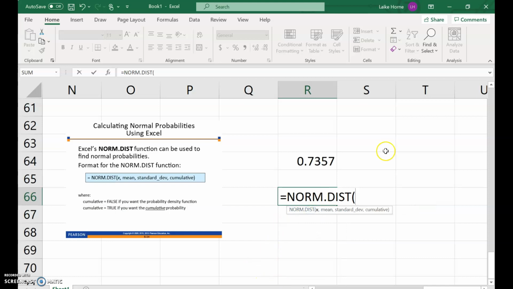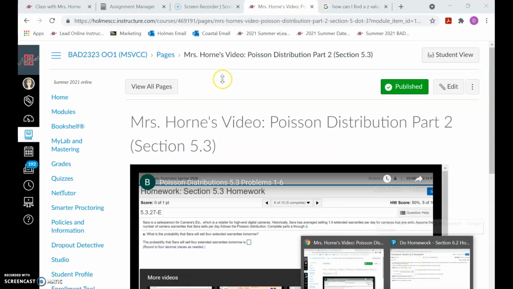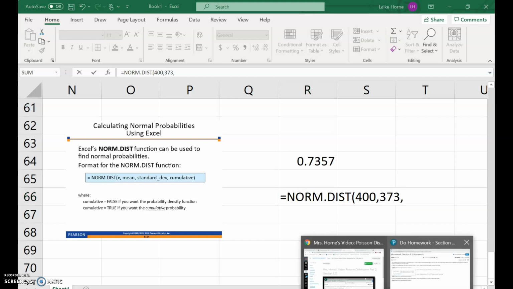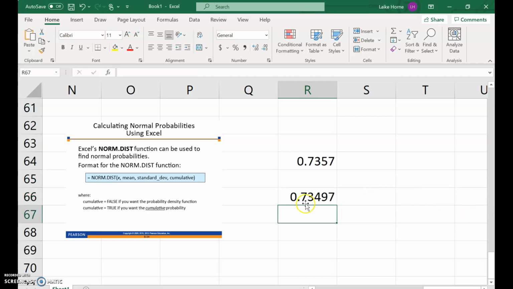So if we do norm.dist and put in X was 400, the mean was 373, the standard deviation is 43, and we want it to be cumulative because we want it all the way up to 400. So here you're going to get 0.7350.